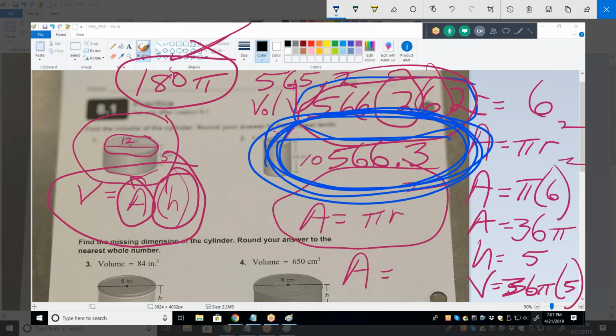Now, there is a little bit of round-off error, because when I did it on my little 4-function calculator, I don't have a pi key, so I had to round off pi. But I rounded it off to 4 decimal places, so I had a pretty good approximation of pi. I used 3.1459. On your calculator, you probably have a pi key, and that's the key you want to hit, because that doesn't round it off at all.